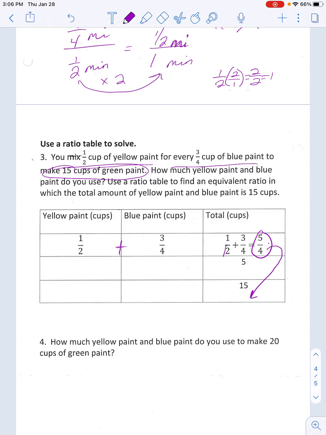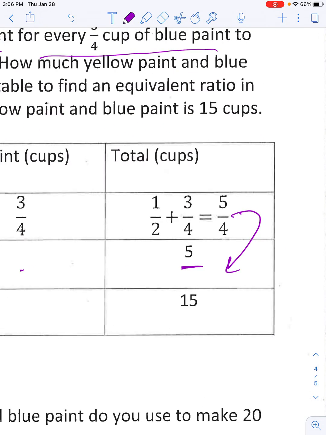So right now we're at 5/4 or 1 1/4 cups. We want to get all the way down here to 15 cups, which is how much green paint we want. Okay, this table has broken it up for us. We need to first figure out how to get from 5/4 cups to 5 cups. So you should be thinking 5/4 times something is 5.